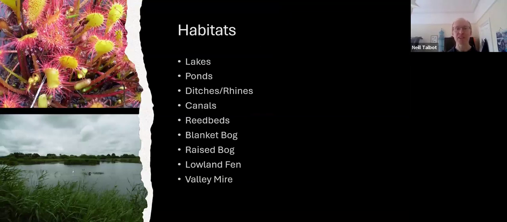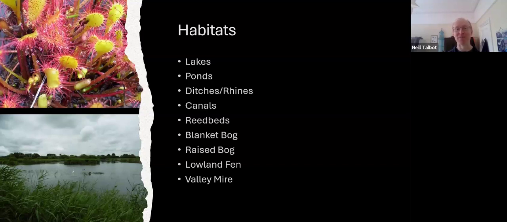This isn't totally comprehensive, but it's a summary of the habitats that you will find wetland plants in. So lakes and ponds. There's some debate about the difference between a lake and a pond.